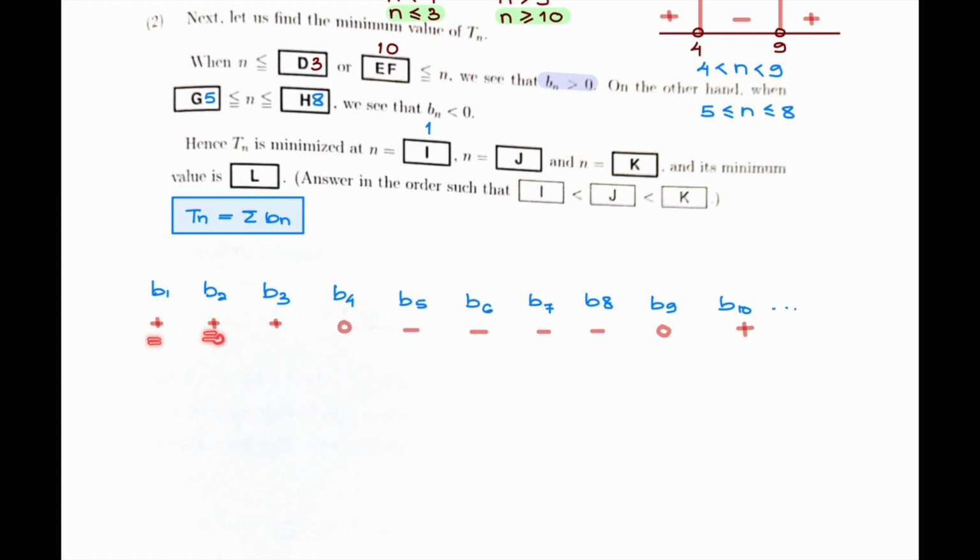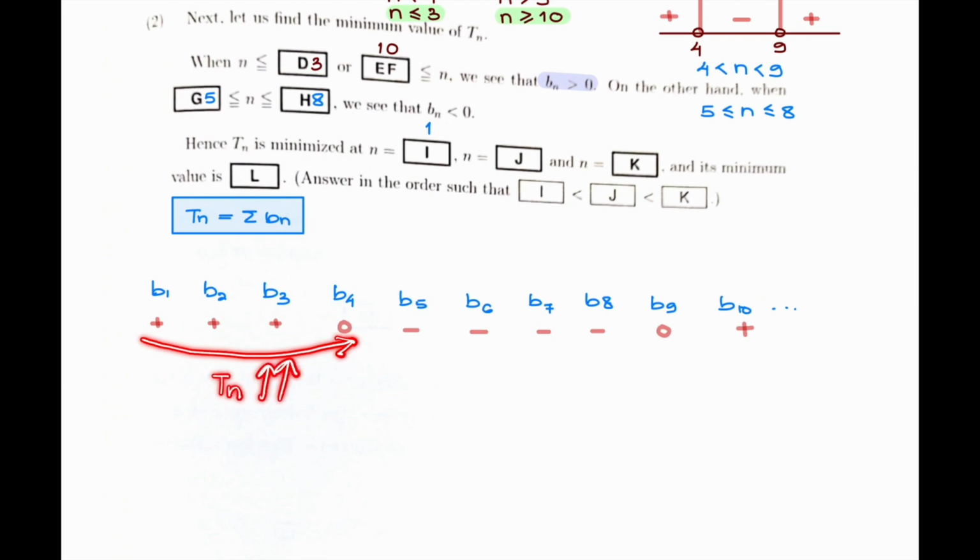Plus another number, so it will increase again. Plus 0, it does not change. And then you add it with a negative number.